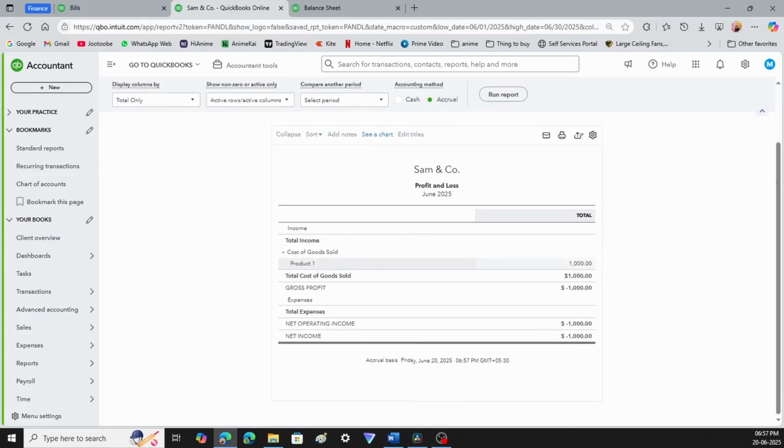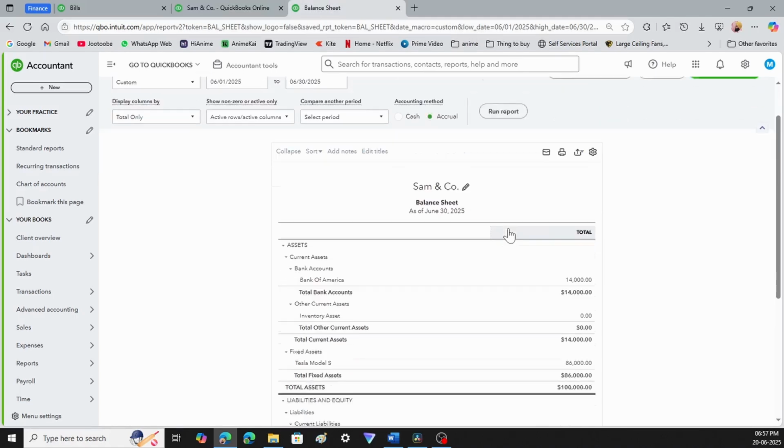As you can see here, product 1 shows under cost of goods sold. Since it's an expense and there is no credit side or income, it shows net income as a loss of 1000. How will 1000 affect the balance sheet?